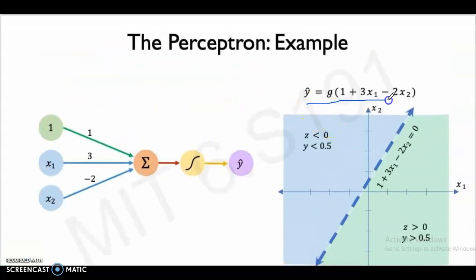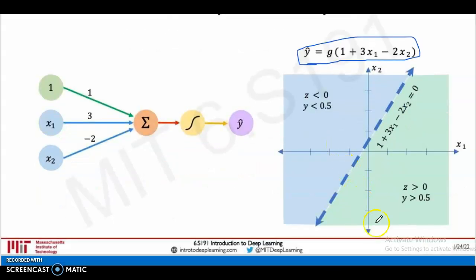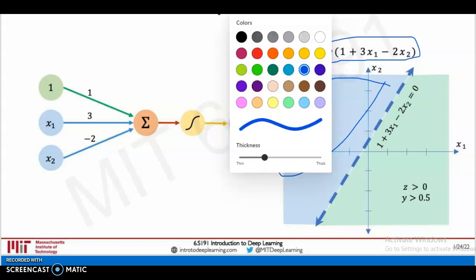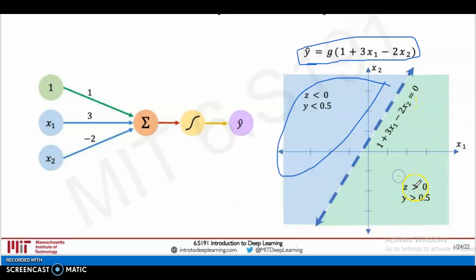Y cap equal to g of 1 plus 3x1 minus 2x2 in this graph. Where z is less than 0, y is less than 0.5, in this portion. And where z is greater than 0, y is greater than 0.5.